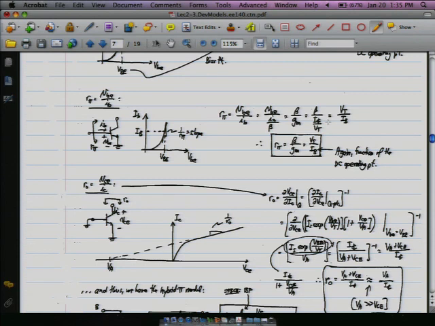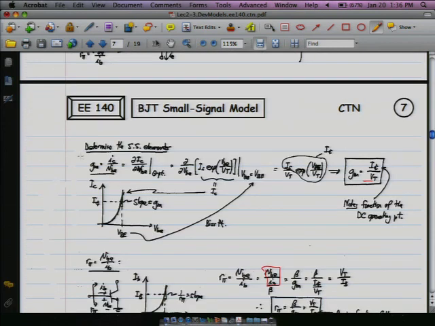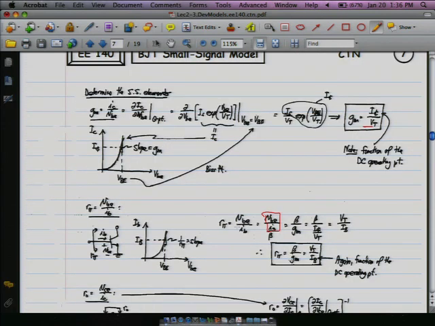And so at that point we can say, okay, now we have this ratio here, a ratio of the collector current to the base voltage. That's exactly what we had with the GM. So now that just becomes beta over GM.